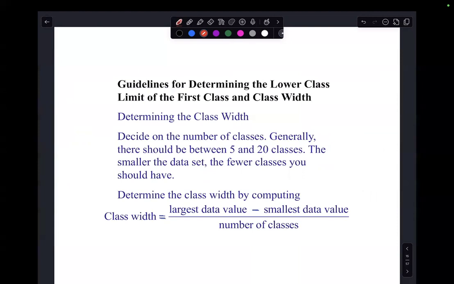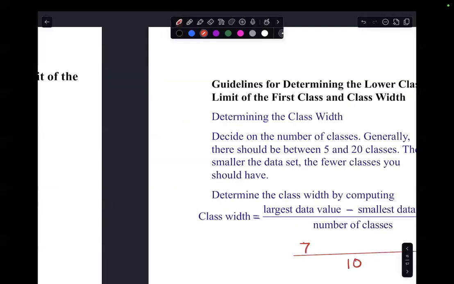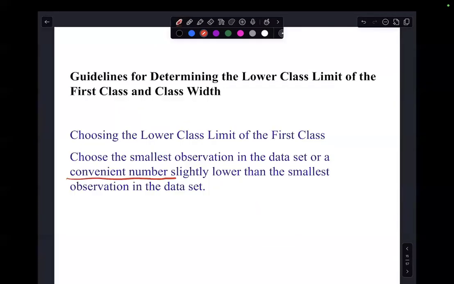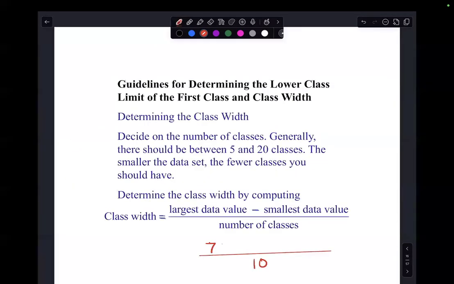So you decide, I would like to have 10 bins, or 10 classes. Then you take your largest data value, that was 738. You take your highest number, you subtract your smallest number, and then you divide it by the number of bins you want.